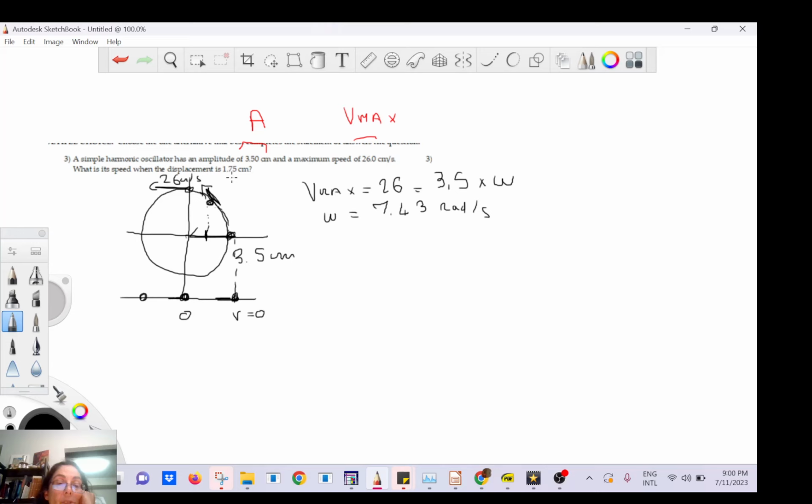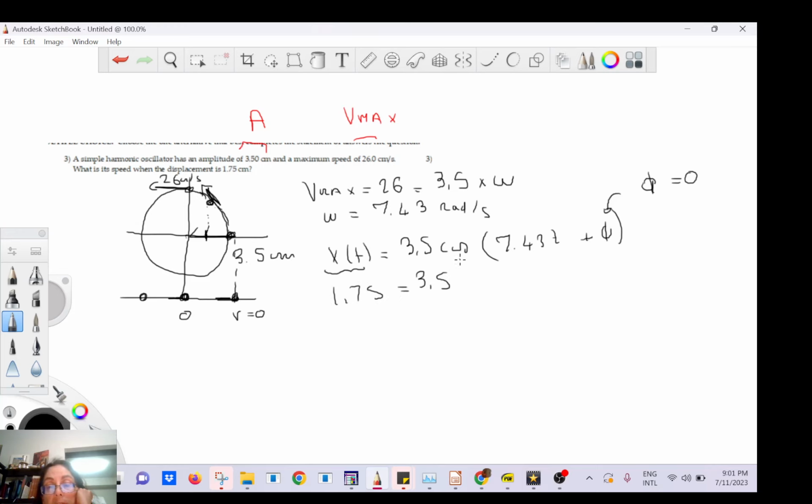The displacement. So what is the speed when the displacement is 1.75? So let's look at the displacement. It's going to be A, the amplitude, so 3.5 cosine of 7.43 t plus phi. And at t equals 0, I suppose I'm here, so I can forget about that. So phi is going to be equal to 0. And we want the displacement to be 1.75 equals 3.5 cosine 7.43 t.